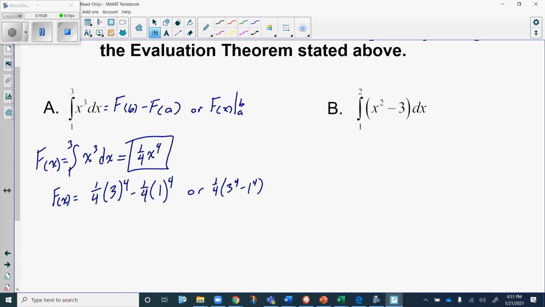I just did it on a calculator. I got 20 1/4, and then 1/4 times 1 to the 4th is just 1/4, 0.25. So that gives me a 20, and that would be the area under the curve, the definite integral, the answer for that particular problem.